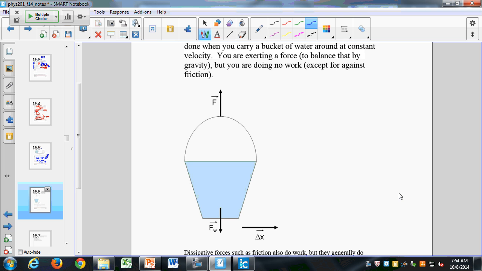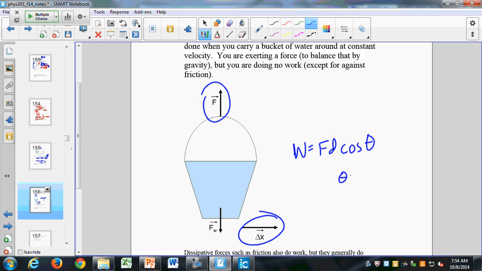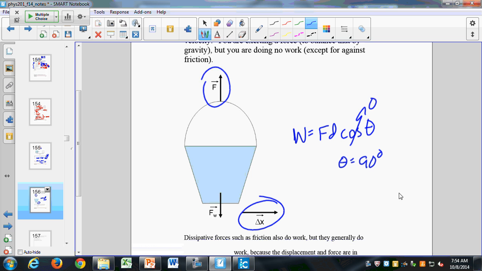So I'm doing no work because my force is up and my displacement is to the right, and work is equal to F D cosine theta. But here my theta is equal to 90 degrees, and so the cosine of theta is equal to 0.